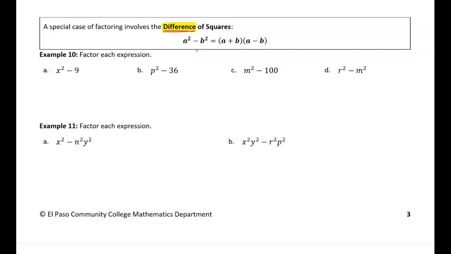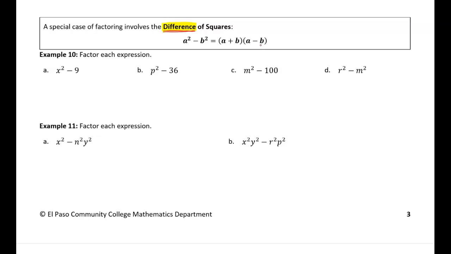So recognizing and thinking about this more as a first term that's a nice square minus a second term that's a nice square, that's when I'll be able to use this type of factorization. I will have to establish the a value because notice in the rule there's no squares on the a's, and the same thing for the b's. I'll have to break it down into an a and a b without the powers.